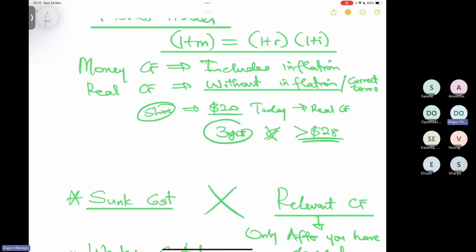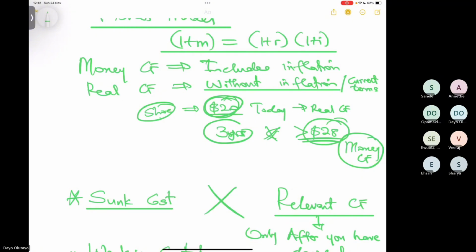So in 3 years the same shoe is $28, but today it is $20. This is the money cash flow for that shoe because this has inflation impact for the future. Whereas the $20 today price is our real cash flow, which is our current times cash flow.